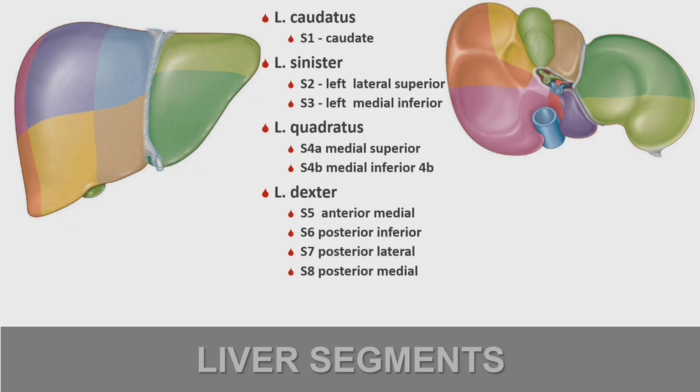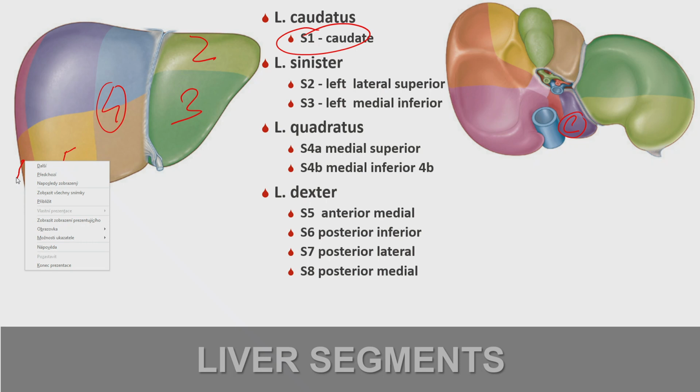So the first segment is the caudate. Then we have the superior and inferior left. Then we have the fourth, which is the quadrate. You can nicely see quadrate 4. It has upper and lower, A and B subdivisions. And then we have anterior medial 5, anterior.